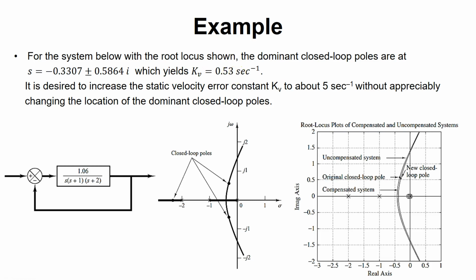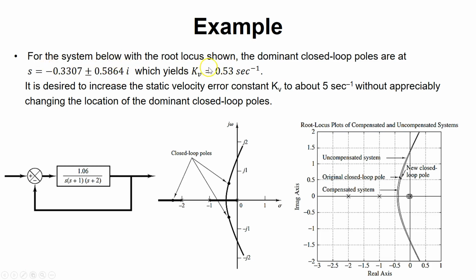Now we want Kv to be much bigger, like 5, so that the steady state error goes down in response to a ramp input. So we want to do that, but we do not want to move these dominant poles much from where they currently are. We are satisfied with the zeta and with the omega n, overshoot, and the stuff that they give us.